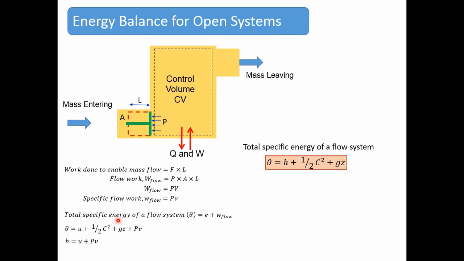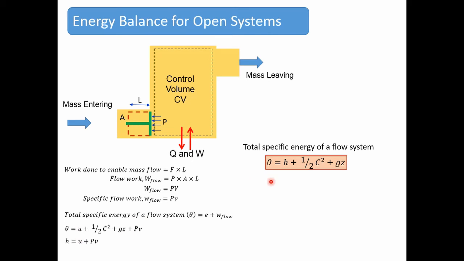Then the specific total energy of a flow system, which is denoted by theta, is equal to specific internal energy, plus specific kinetic energy, plus specific gravitational potential energy, and the specific flow work. The summation of internal energy and the product of PV is the enthalpy.